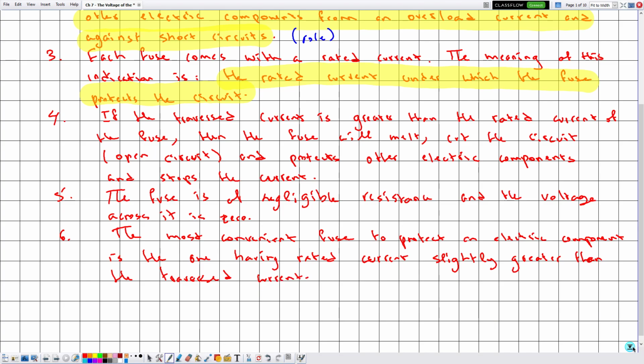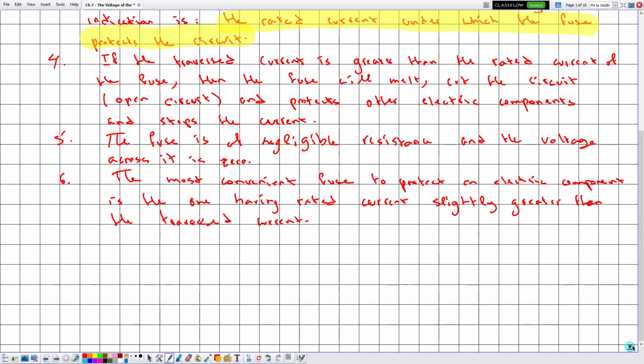And let me give an example on this idea. Suppose we need to protect a certain circuit, so this is a portion of the circuit, and the circuit is being traversed by a current I equal to 0.5 amperes, and we have a set of fuses that carry the following indications: say for example 0.2 amperes, 0.6 amperes, and 0.9 amperes.